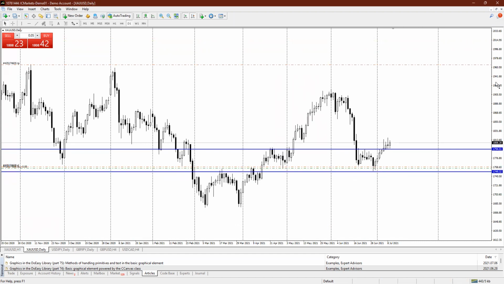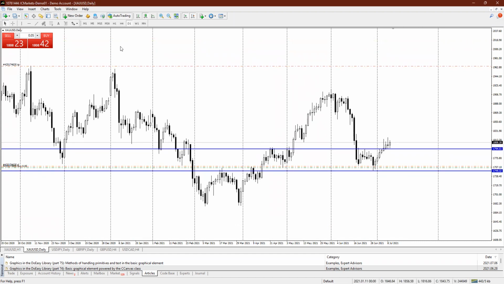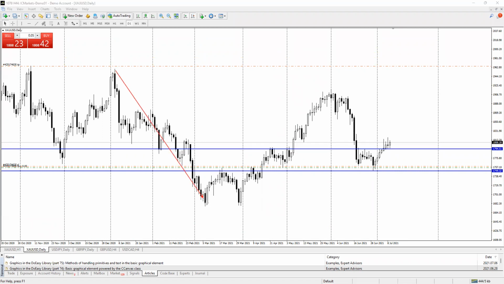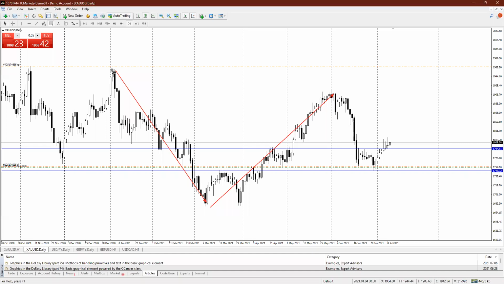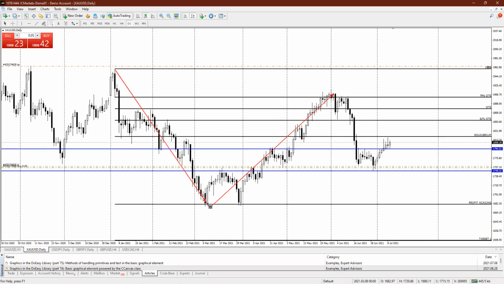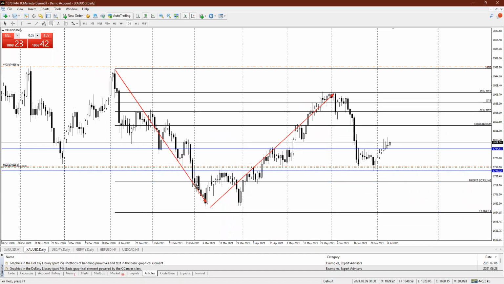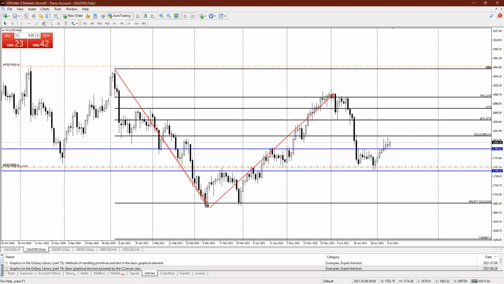Now, if you're looking at this right now, price is giving you a swing low and a swing high. At this point, you should be taking this for bearishness. Fibonacci from the high to the low, because price has been bearish.